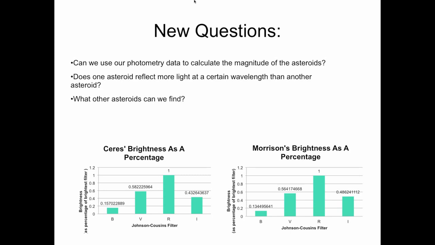I really like the percentage way of looking at the strength of the flux in the different filters. I think it's cool to see that both asteroids are relatively stronger in the red filter rather than the other ones. Mm-hmm. That's a really cool finding. They're really similar. And that's a really good jumping off point, I think, for investigating other asteroids, because then my next question is kind of like, okay, is that all asteroids, or is Morrison a main belt asteroid?